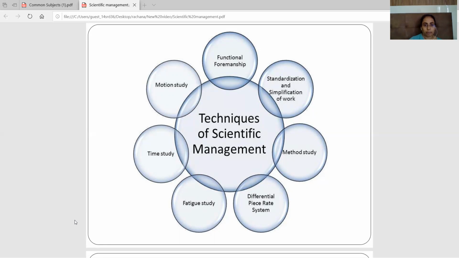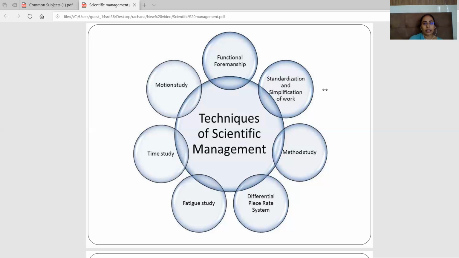In this way, the foreman was the only contact for the factory employee at a given point of time. So functional foremanship creates a one-point solution for employees regarding their work in the organization, and that is the foreman.